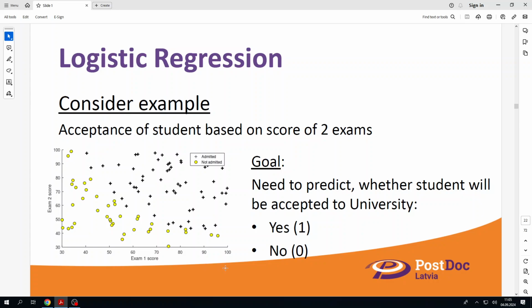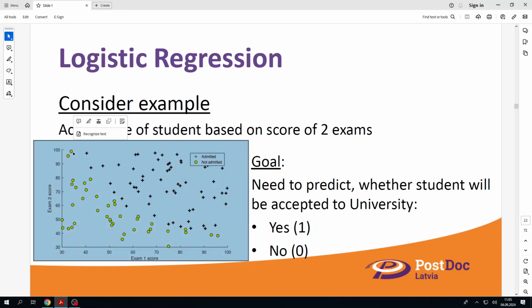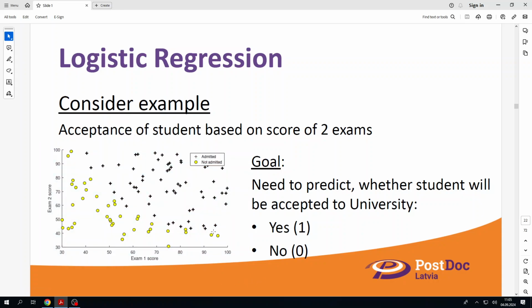So here you can see some statistics of students who had certain points in these 2 exams, each exam was rated from 0 to 100 points, yes, and accordingly, as you can see, even a student who had this funny situation, getting the maximum number of points in one exam and the minimum number of points in another exam, was not admitted, yes, and similar happens for the second exam. We need to find a certain line that is separating these two groups of data sets, yes, and this is going to be a logistic regression task.